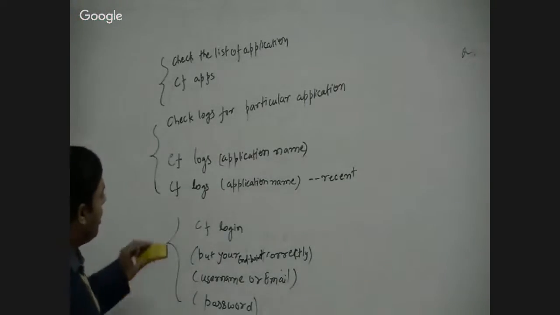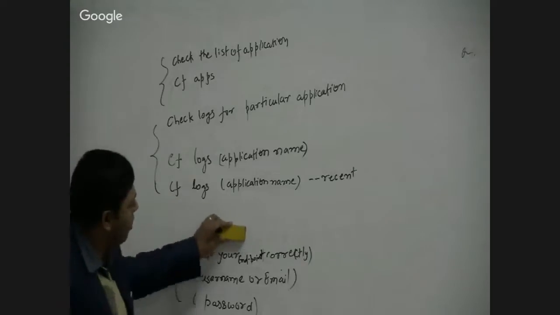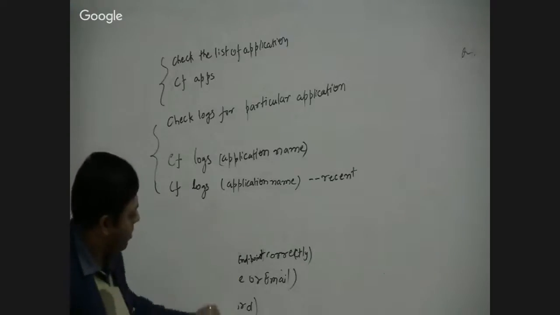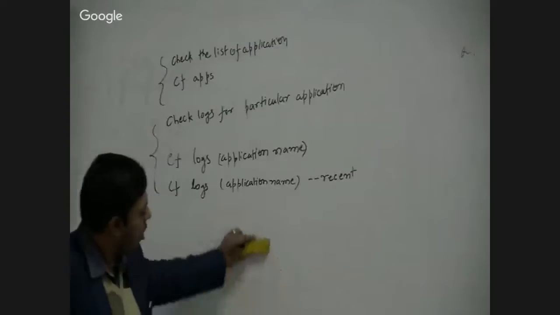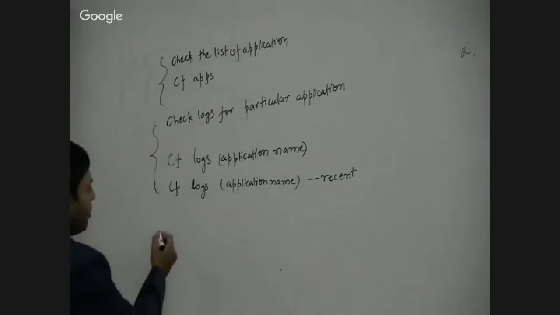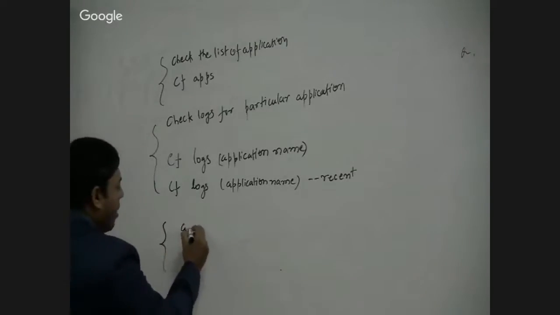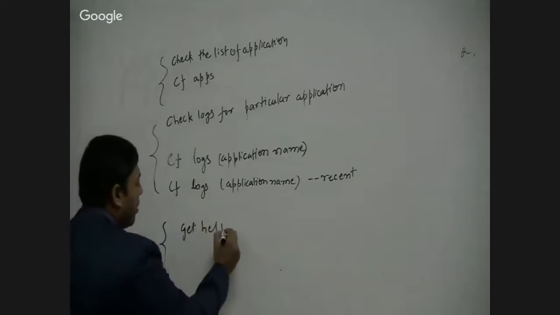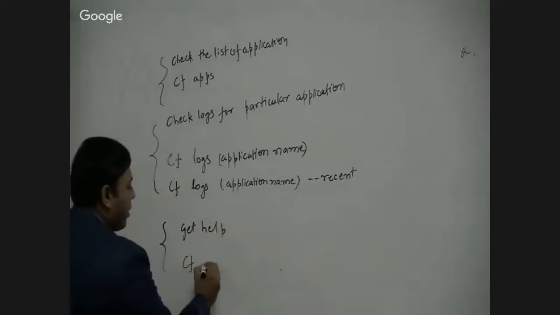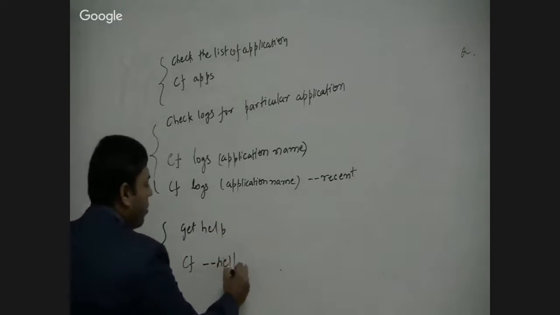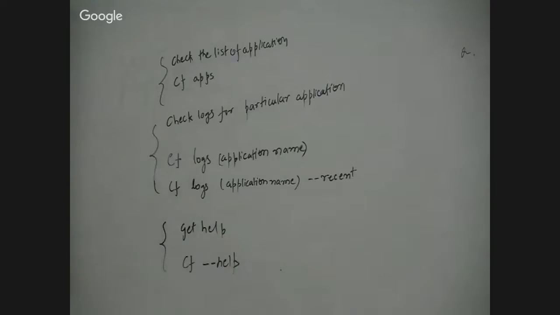Now, once you are stuck anywhere and you want to get some help, how could you get the help? By using cf help. Let's say you are typing some command but you are not able to execute it.